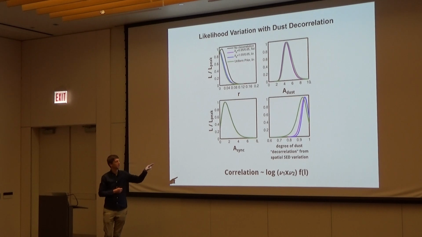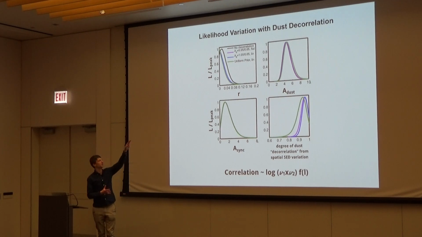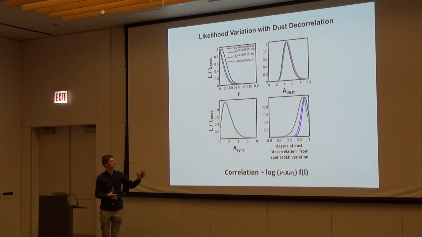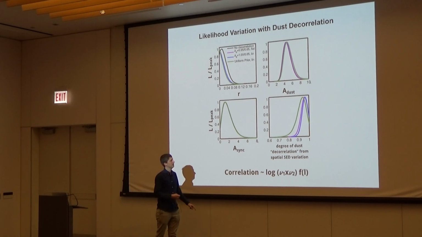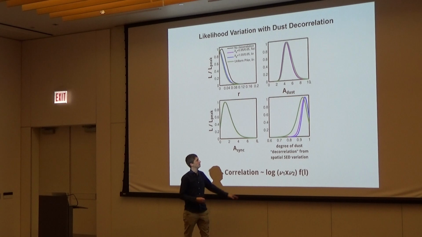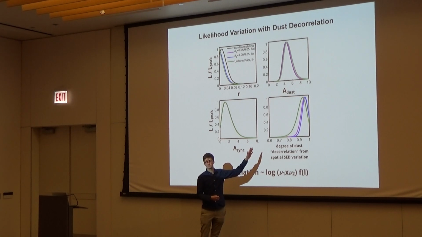Whereas the blue and magenta are including 5% priors on the decorrelation parameter. The magenta one is we're actually assuming it's somewhat less than 1. The blue is that we have a prior that's centered at 0. You can see in all cases, our data do prefer some value that is somewhat less than 1.